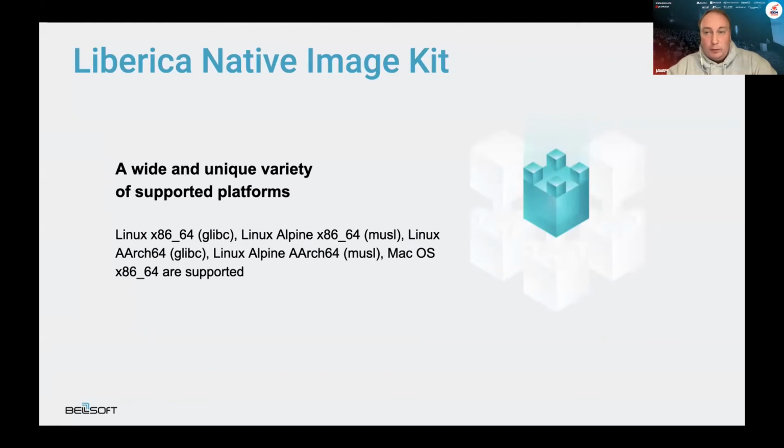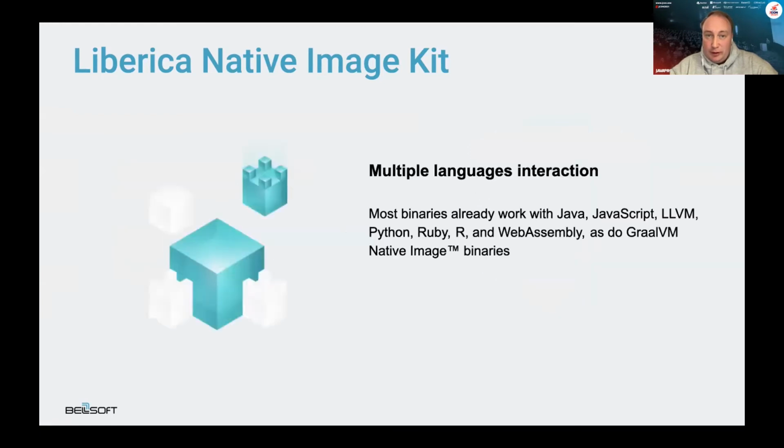What does it mean? As a vendor, we support the largest number of platforms, I mean, OS and CPU architecture combinations. So we decided to produce builds for more platforms than the default builds of GraalVM. And Liberica Native Image Kit is built around LTS versions of Liberica JDK. It still has all the original components that allow you to use multiple languages, for example, and to mix them.